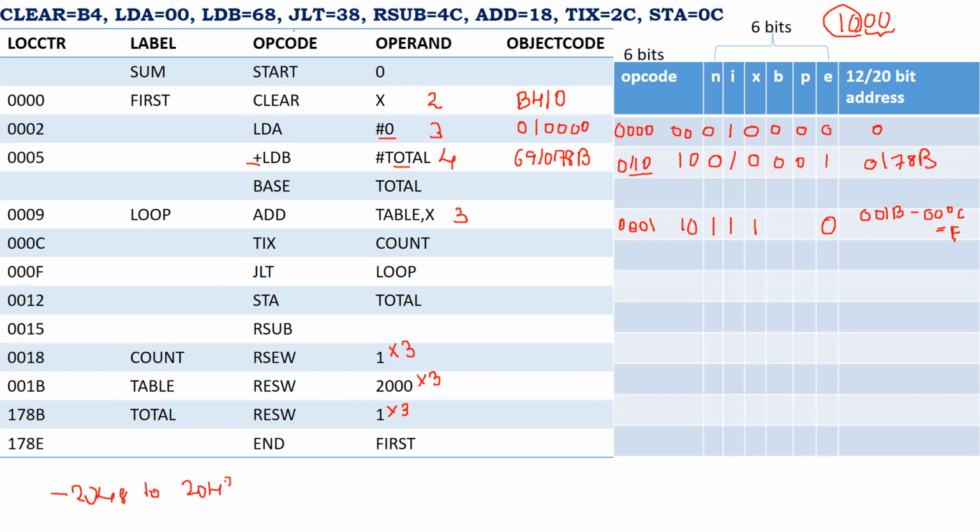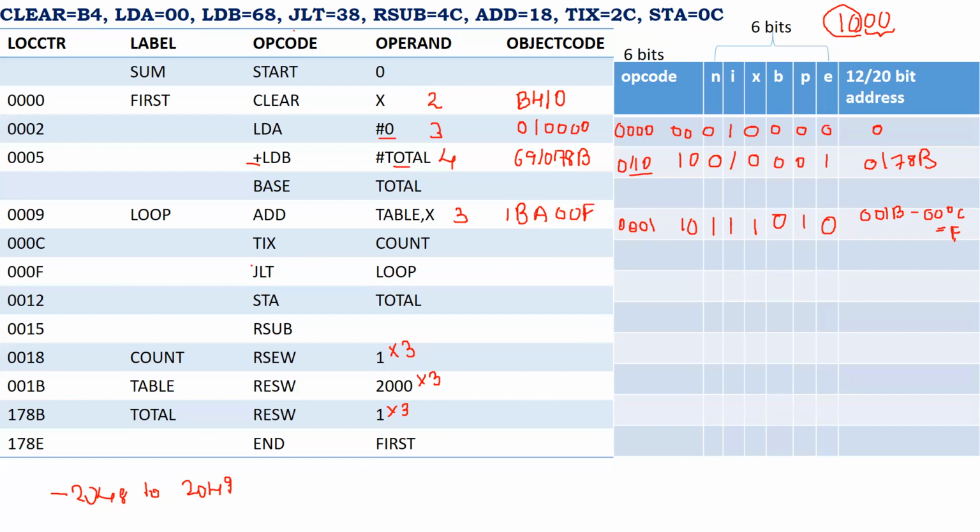So that's why it is program counter addressing mode. So P is set to 1 and B is 0. The object code for this is 1BA00F.